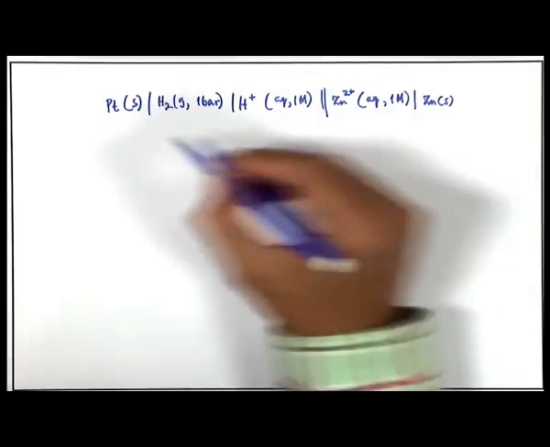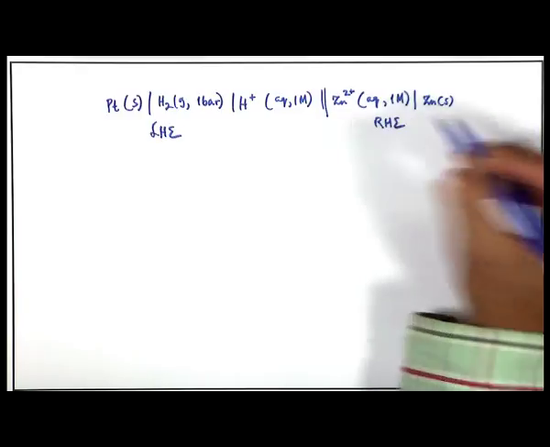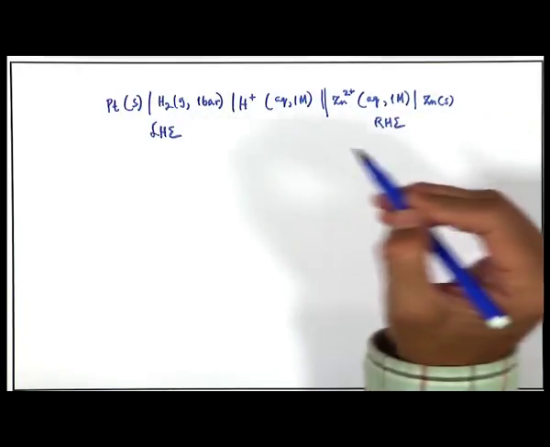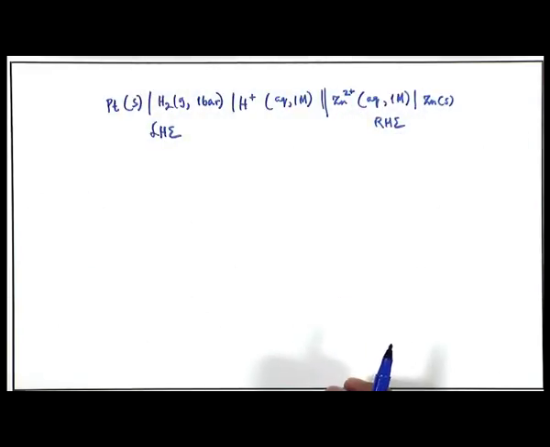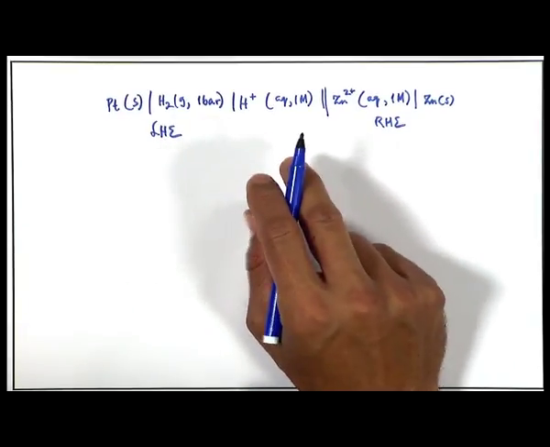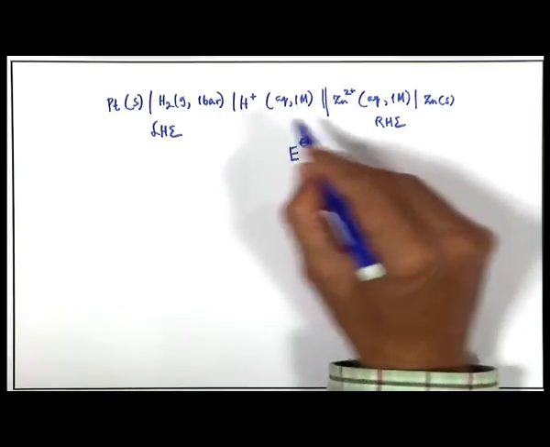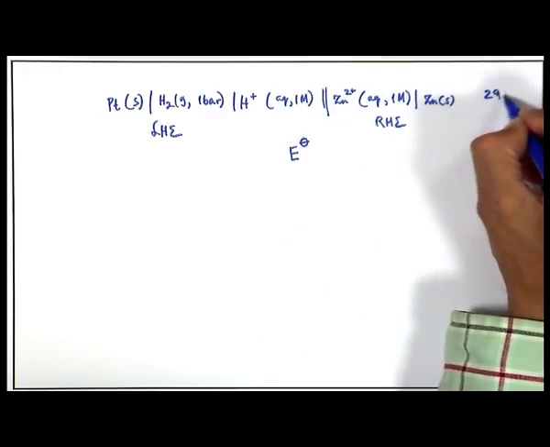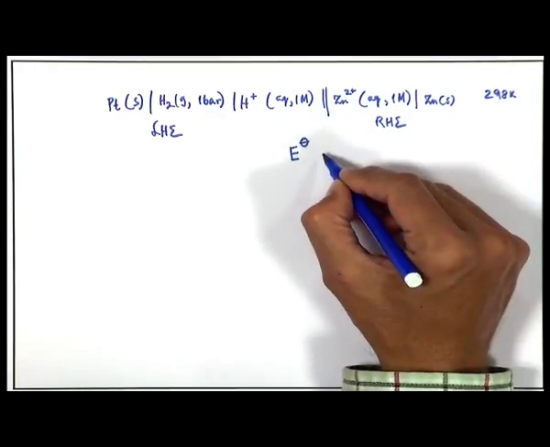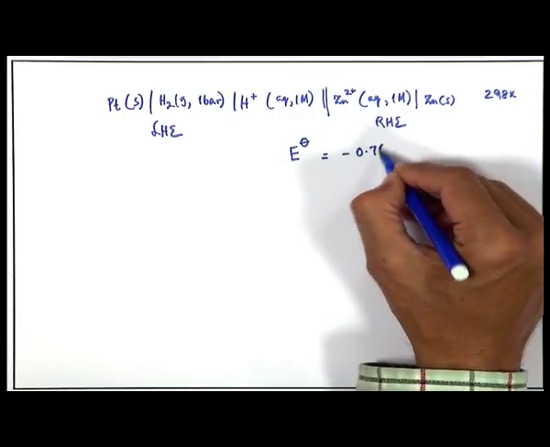This is your left hand electrode, and this is the right hand electrode. If you measure the EMF of this cell with the help of the compensation method I have just discussed, at 1 bar, 1 molar and 298 Kelvin, the standard cell potential is found to be minus 0.76 volt.